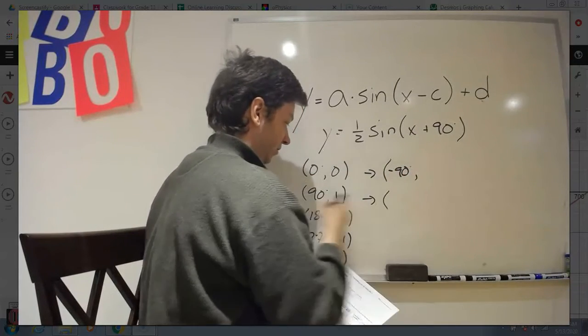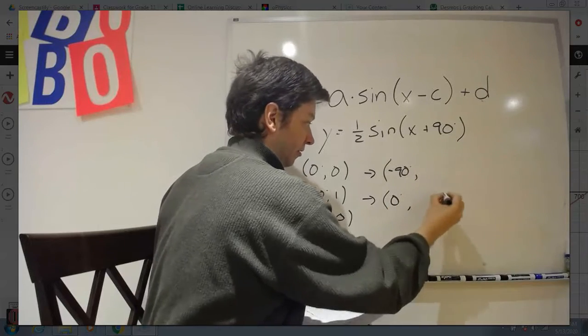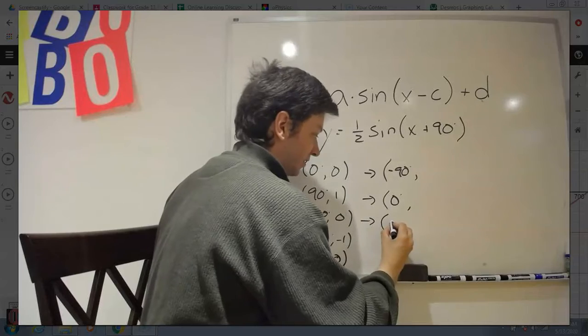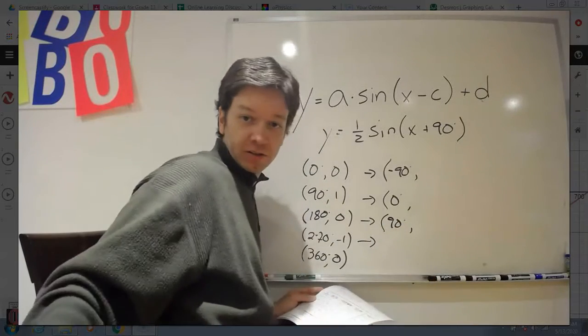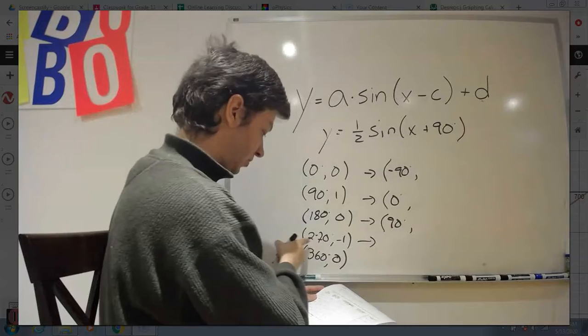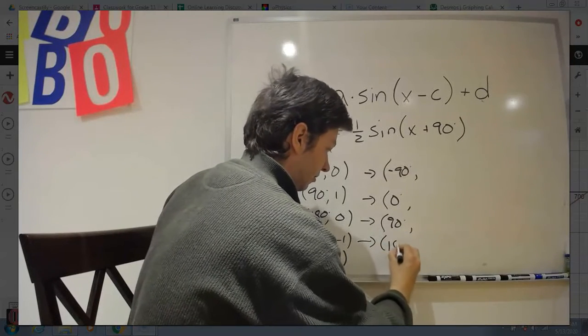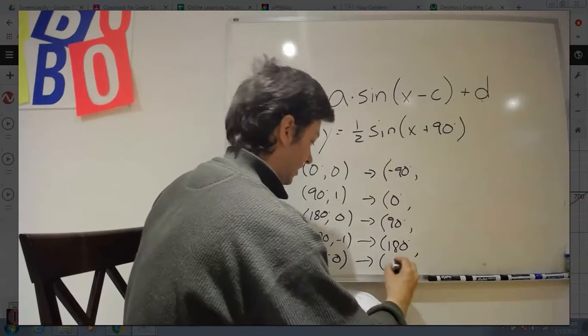Our second, 90 minus 90 would be 0. Our third, 180 minus 90 is just 90. Our fourth, 270 minus 90 is just 180. And our fifth, 360 minus 90 is just 270.